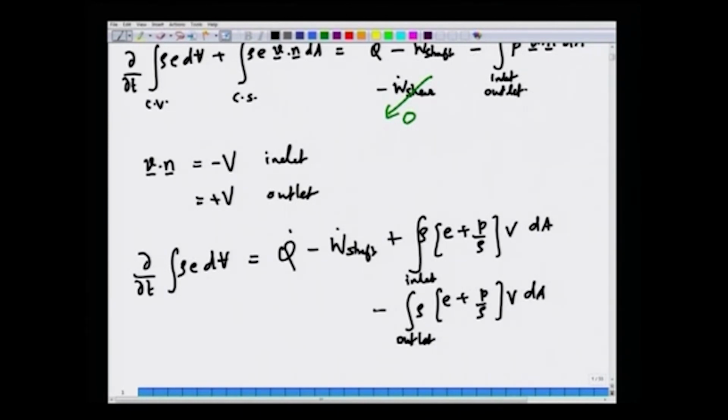So, this minus sign stays here, okay. So, this is the integral energy balance.